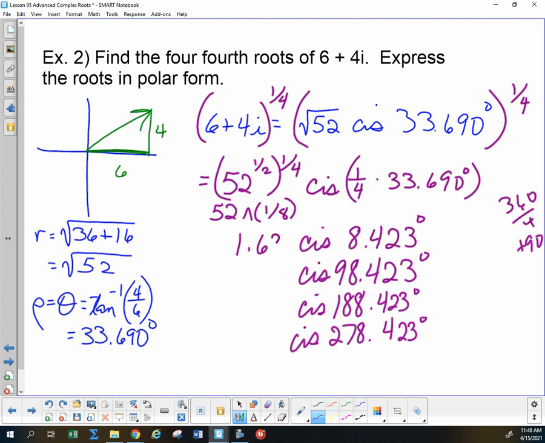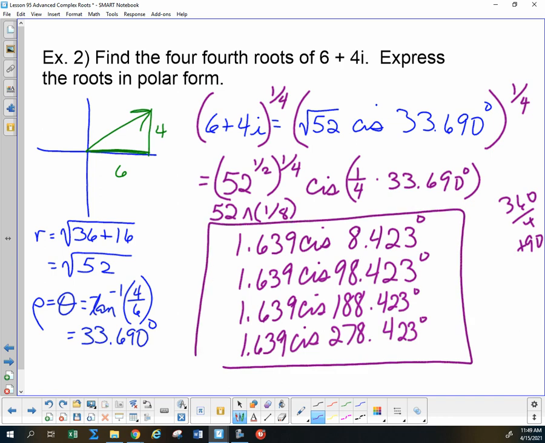Anybody else? 1.639? So then we write that down on each of these. And those are our four fourth roots. See what they mean about advanced? Messier. Let's do one last one, and that will be everything we need to cover today.